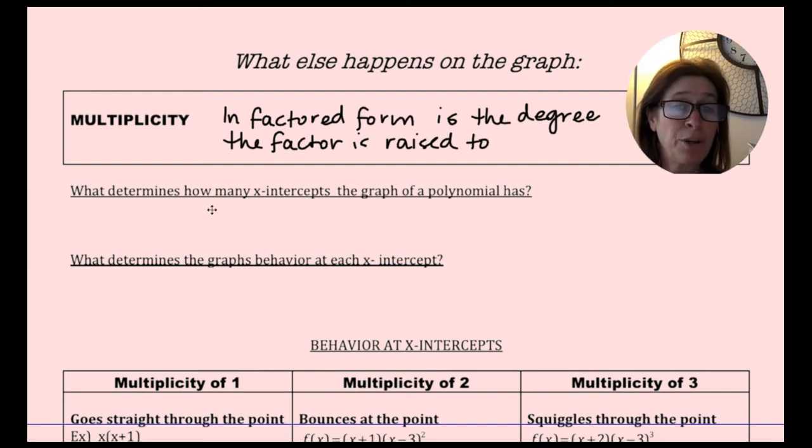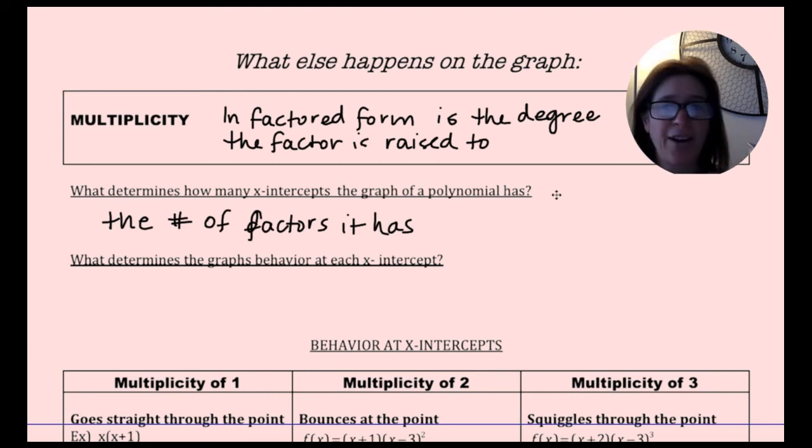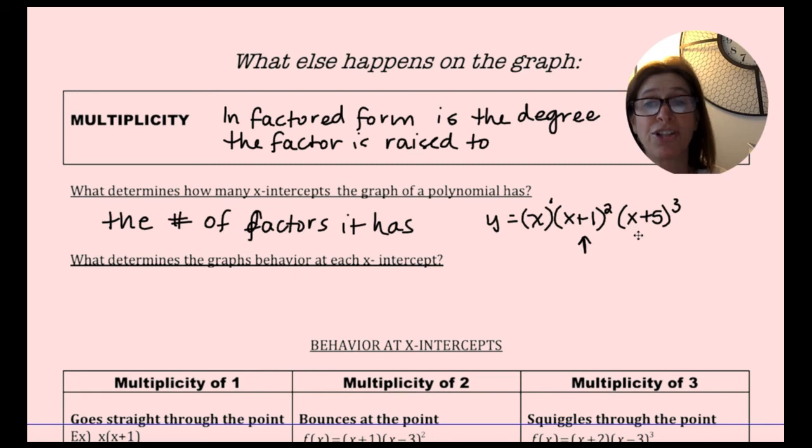So what determines how many x-intercepts the graph of a polynomial has? The number of factors it has. For example, if I give you y equals x times (x plus 1) squared times (x plus 5) cubed, it has one x factor, two x plus 1 factors, and three x plus 5 factors.